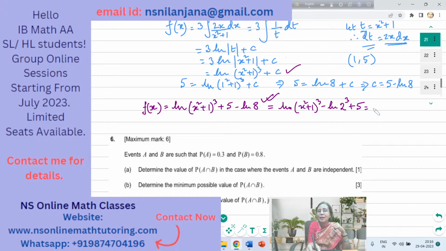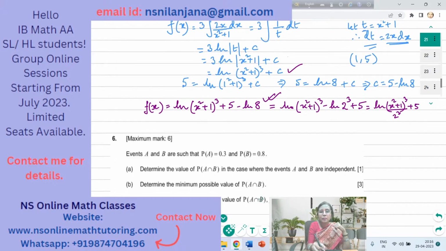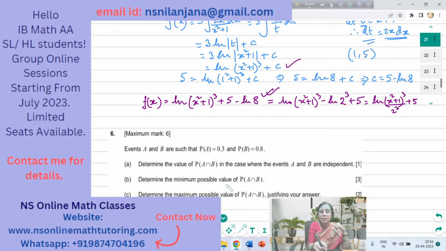This can be written as ln of ((x squared plus 1) over 2) whole to the power of 3 plus 5. This is actually f of x.